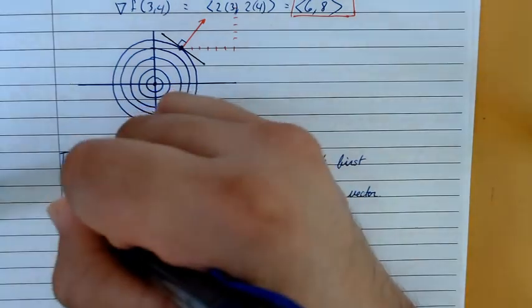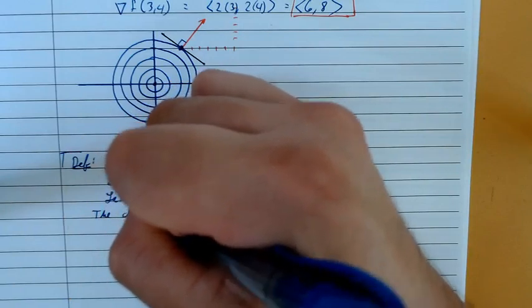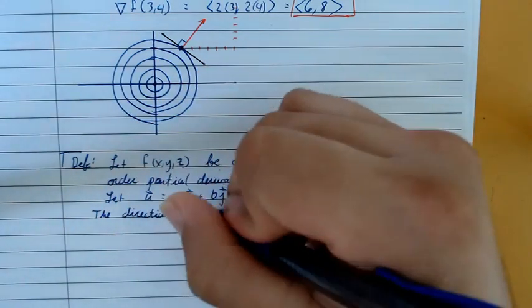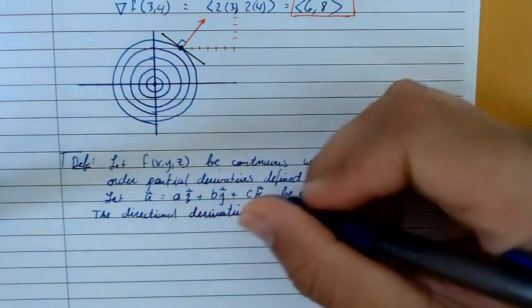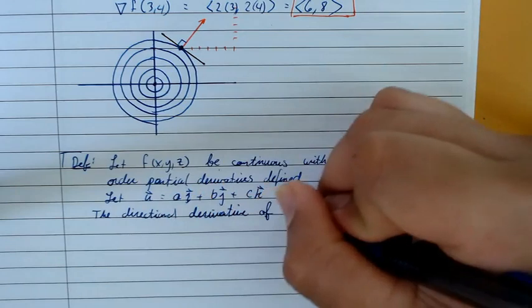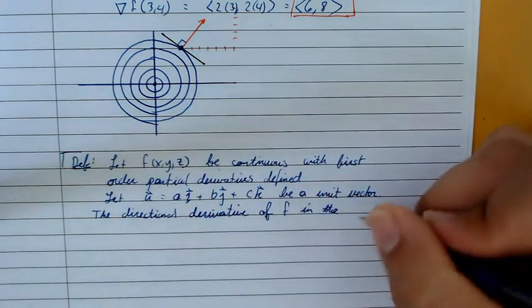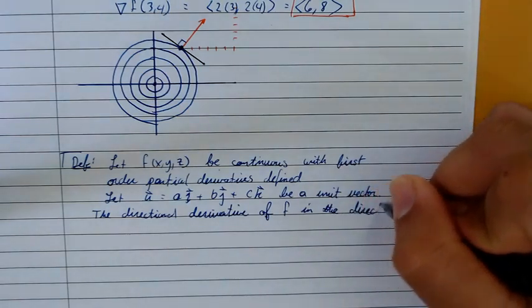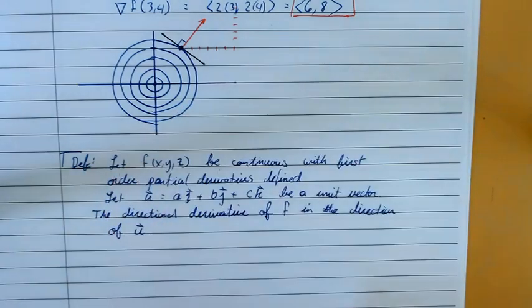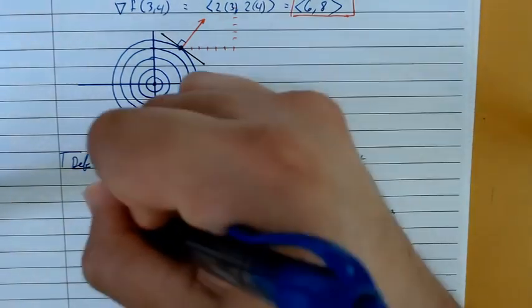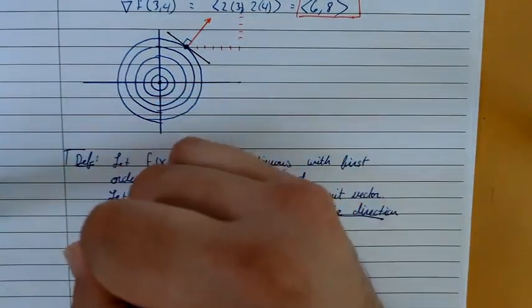Then the directional derivative of f in the direction of u is, we have a similar notation.